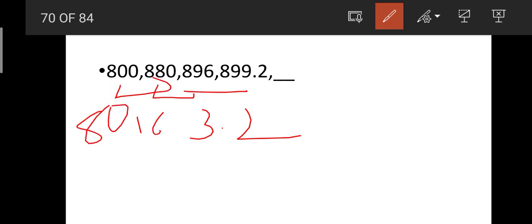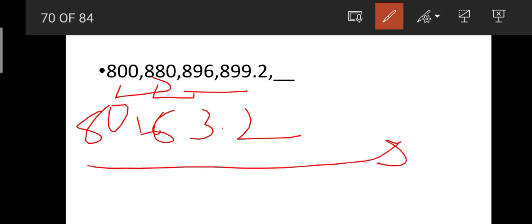Okay friends, initially the difference is much more, but coming to the last the difference is much less. It is just 3.2. The difference between these two is 16 and the difference between these two is 18. If you observe clearly, the difference between these numbers is decreasing.